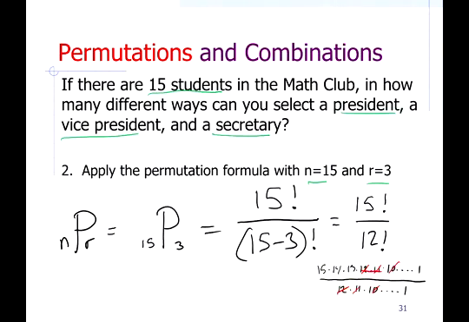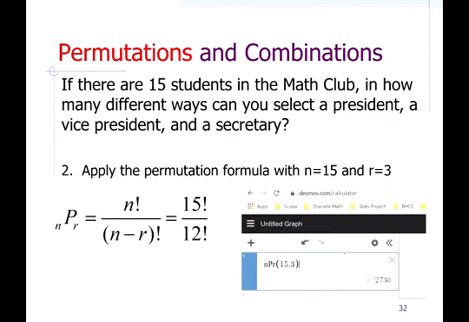Actually, the numbers 1 through 12 on the bottom and 1 through 12 on the top cancel, and we're left with 15 times 14 times 13. And if we pop that into the calculator, we should get 2,730.